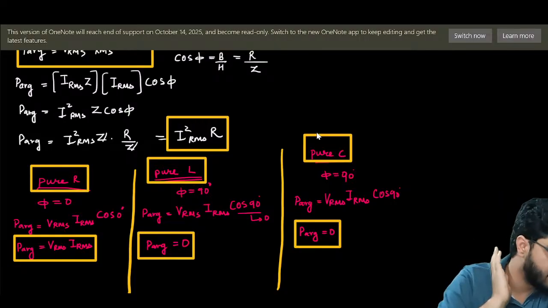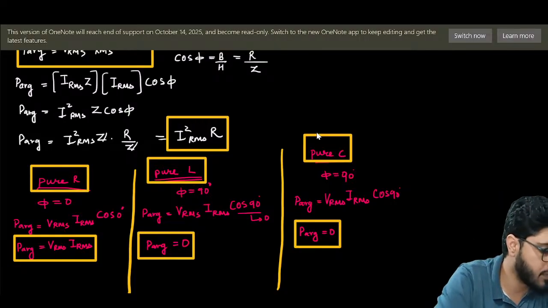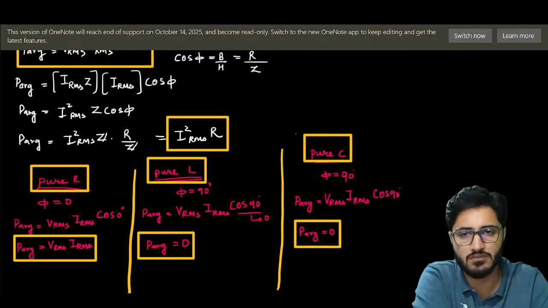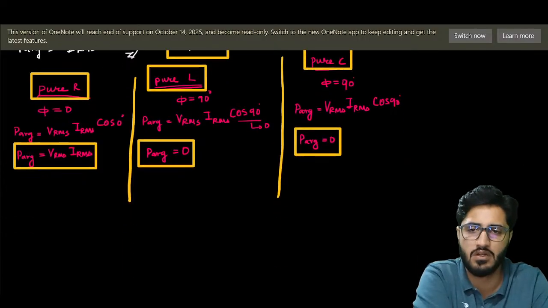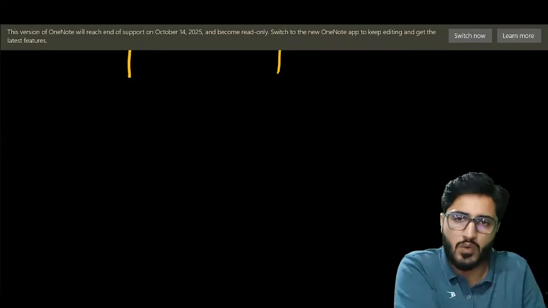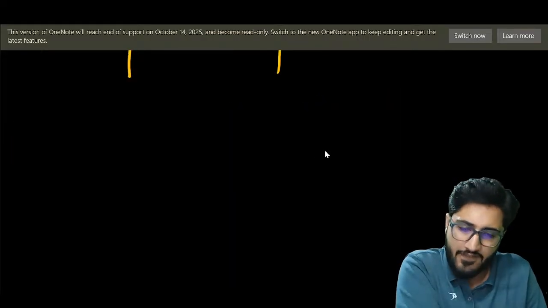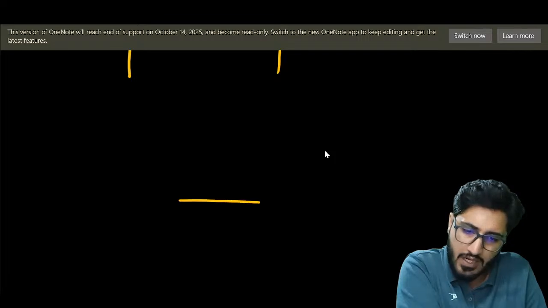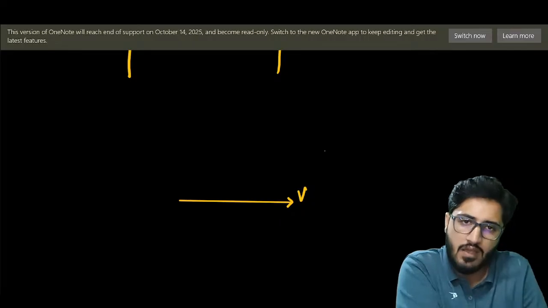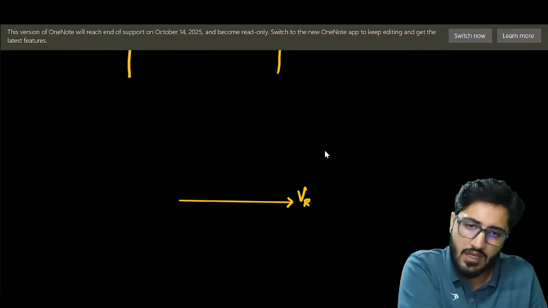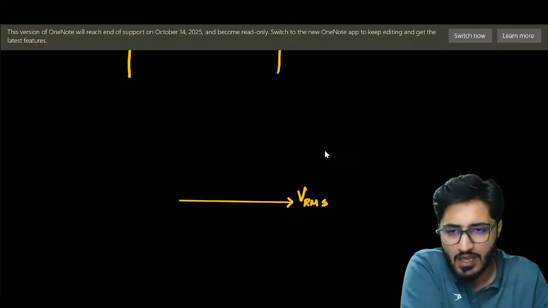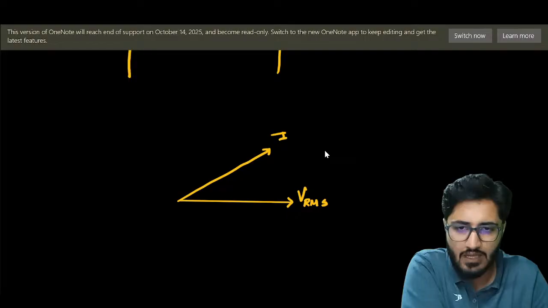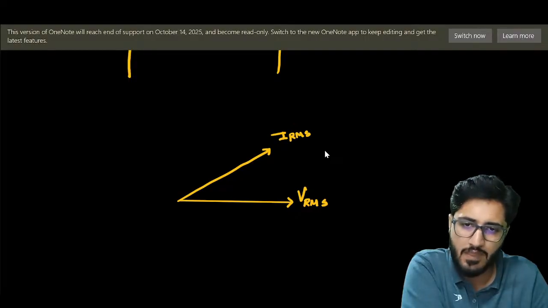If you have noted down up to this particular point, look now. Do you know one thing? If this particular line represents VRMS, and we know at some angle we are having IRMS, this one is my angle phi.